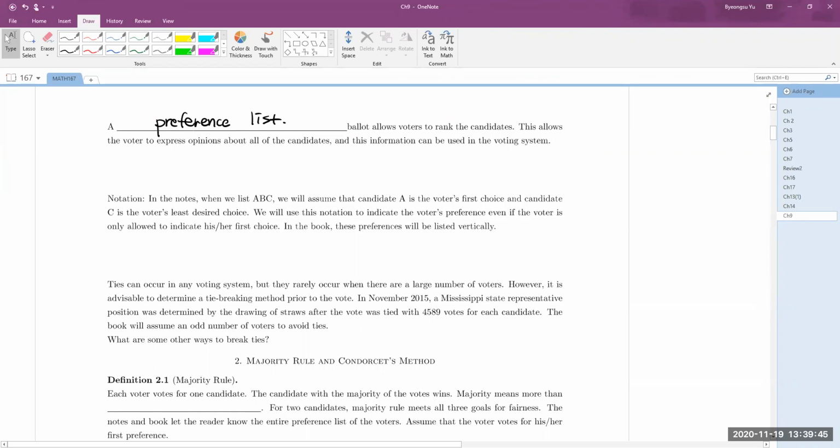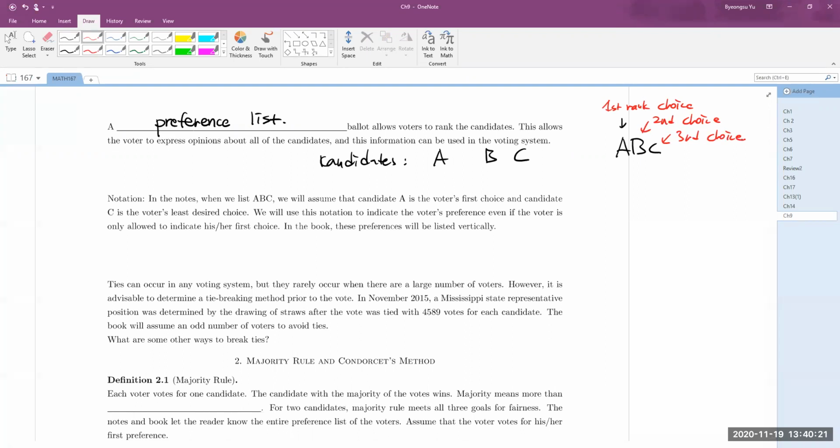To analyze those things, suppose there are 3 candidates. We can write down ABC, where the first is the first rank choice, the second is the second rank choice, and the last is the third choice, which means that you prefer candidate A to candidate B, and you prefer candidate B to candidate C, right?